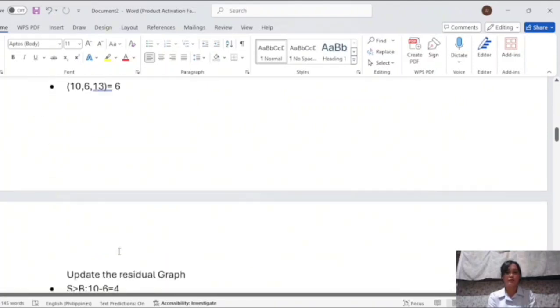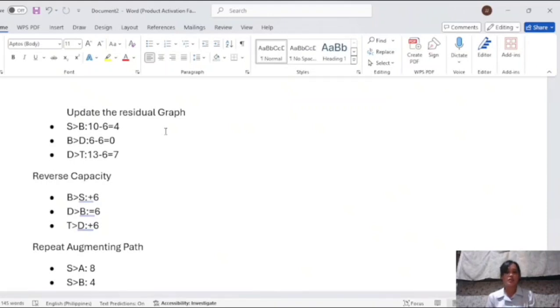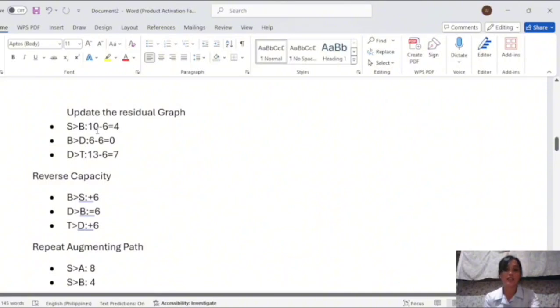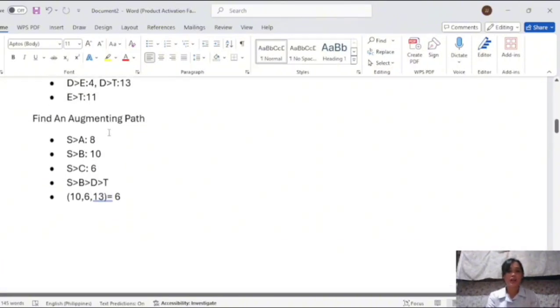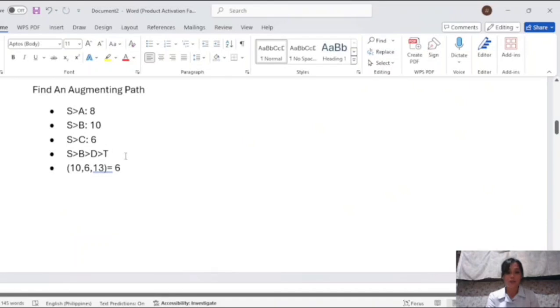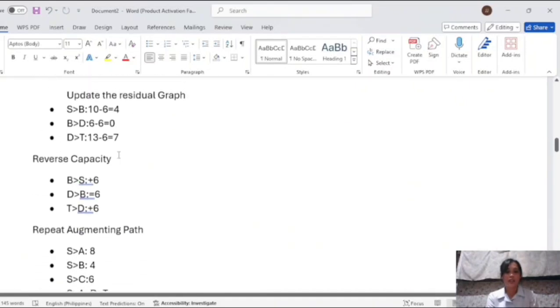So let's proceed to update the residual graph. We reduce the capacity along the path by the bottleneck capacity of 6. So S and B is 10 minus 6, equal to 4.